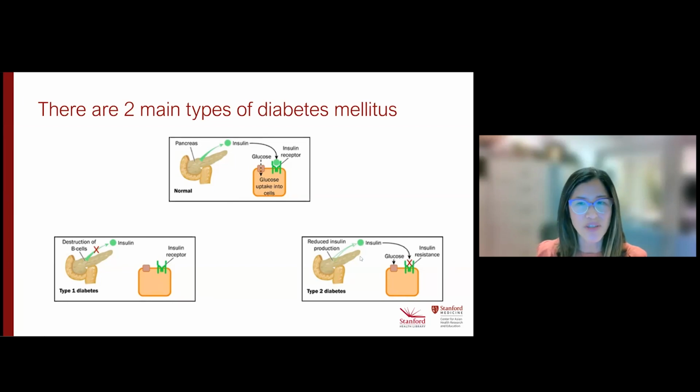However, if your pancreas cannot meet this demand, then the blood sugar cannot be controlled. It increases in your blood and you're diagnosed with diabetes. So in type 2 diabetes, there is both decreased action of insulin, insulin resistance, and decreased ability to produce insulin from your pancreas.